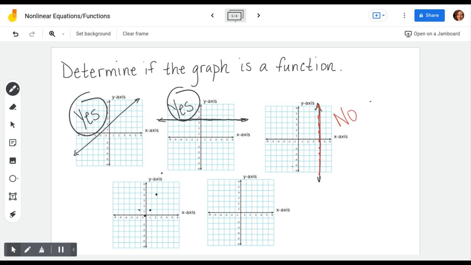Negative 1 times itself is 1, so you have the matching counterpart over here on all these. But if I graph that, it's this curve, this U shape, called a parabola. And it doesn't matter where I run that vertical line, I only hit that parabola in one place at a time. That one passes the vertical line test. So this one is good.